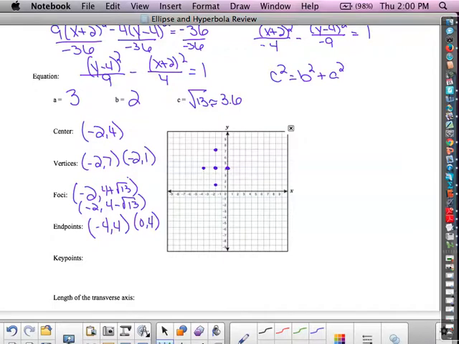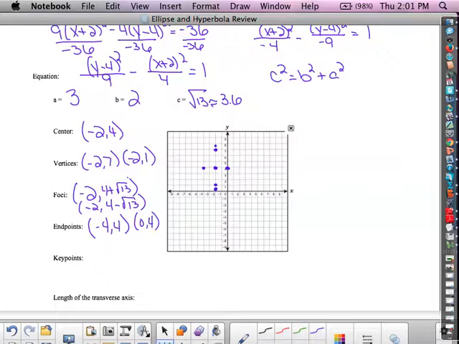So that's going to put me at about right here, and about right here. Okay, so my foci fall outside, and it should, because this is a hyperbola.